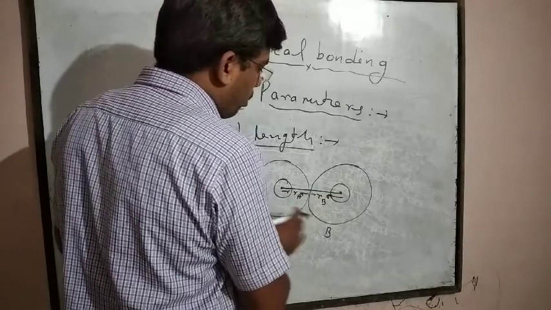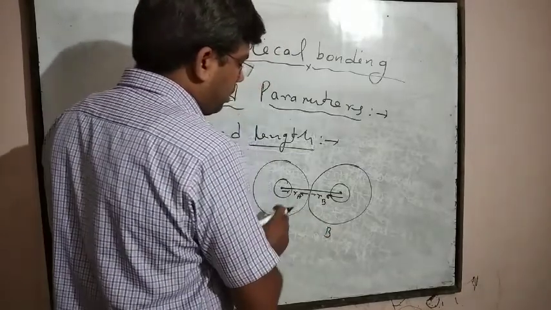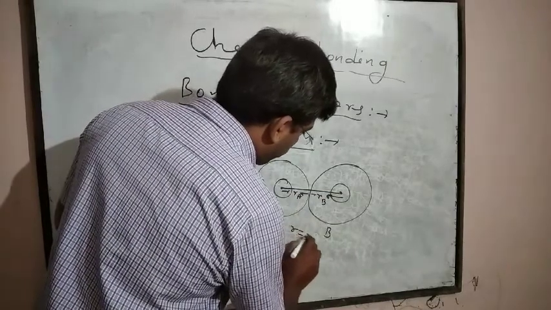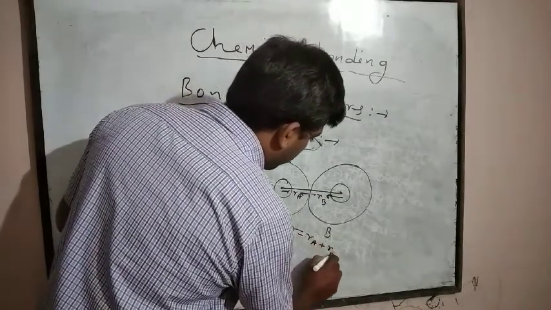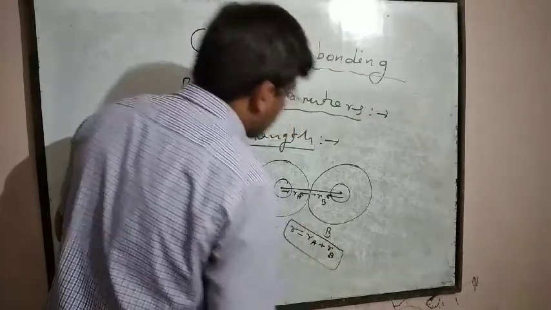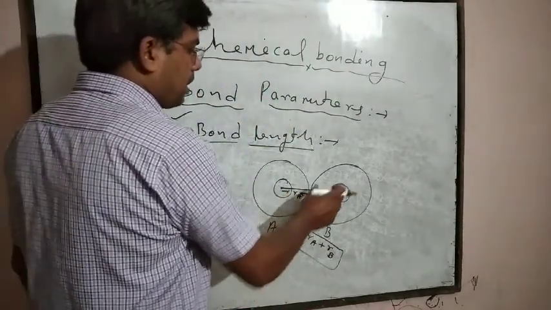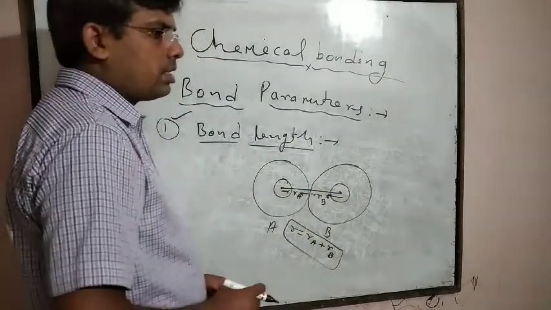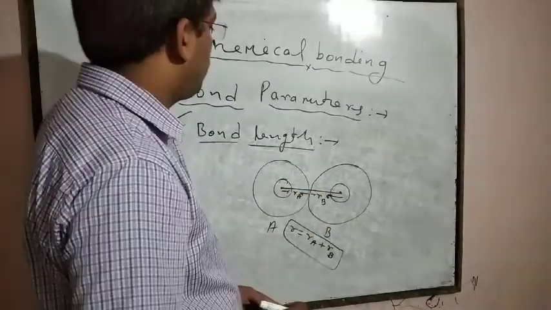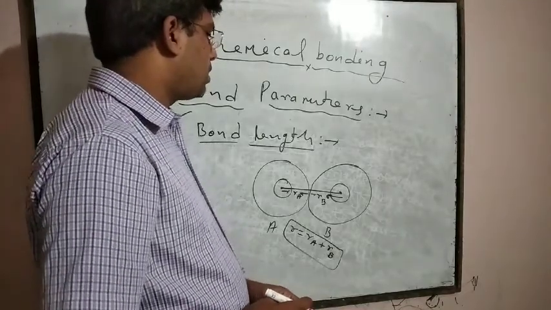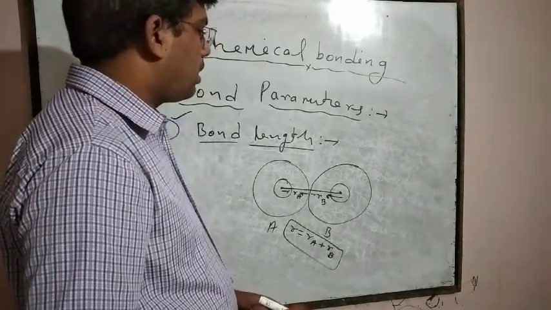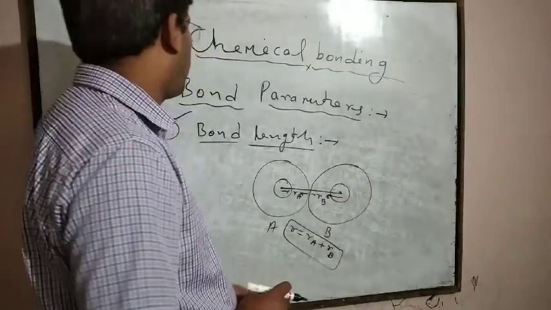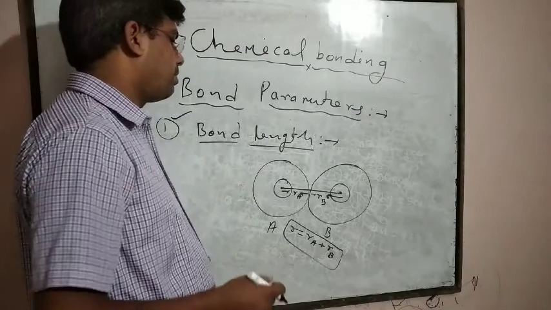These are two bonded atoms, atom A and atom B. Now the bond length R is equal to RA plus RB. This is the bond length. Bond length is equal to the average distance, or the distance between the centers of the nuclei of two bonded atoms.